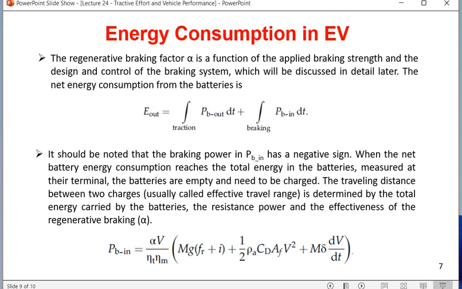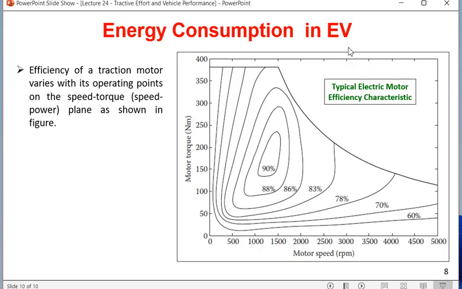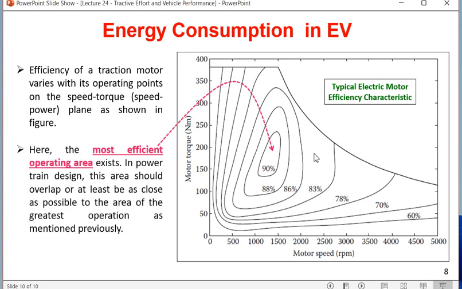So the same theory is explained here, and there is a final slide in module 4, part A, the electric vehicle part of module 4, because next we are going to start with hybrid electric vehicles. Here we are finding the energy consumption graph, or you can call this the motor speed versus motor torque graph, and it is a kind of contour.